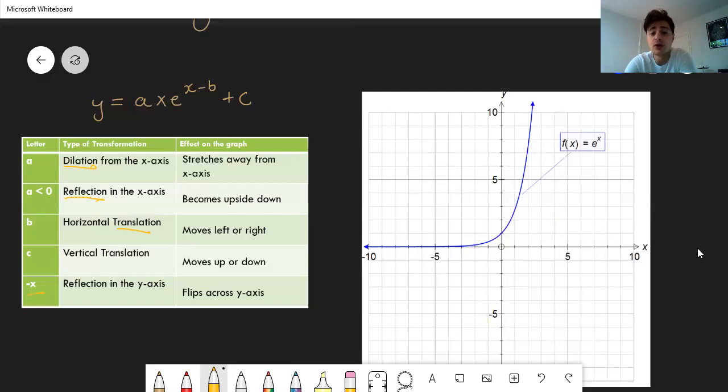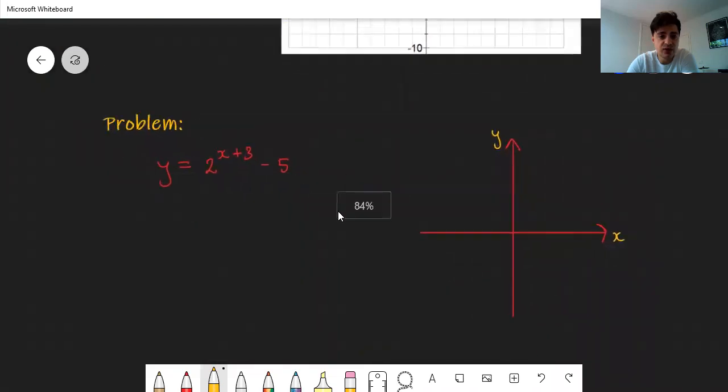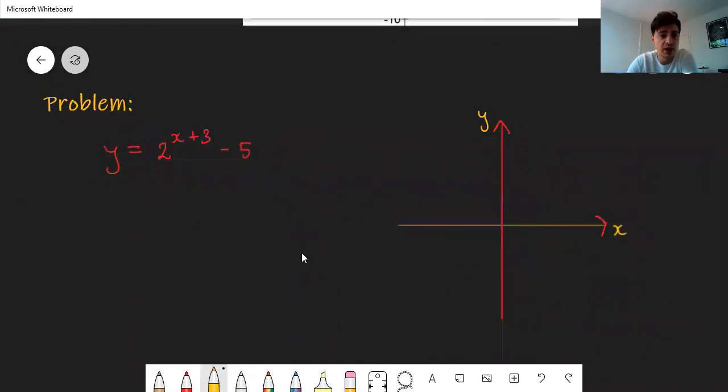And I'm also going to talk about how we can read the asymptote from the transformation too. But we'll go to this first problem. And if you think you can do it straight away, pause and try it, and then compare it with what I've done here.